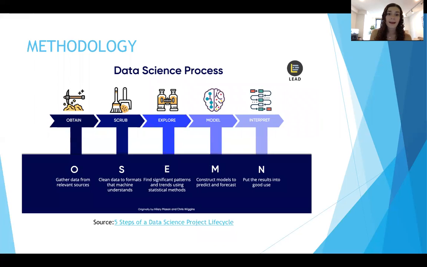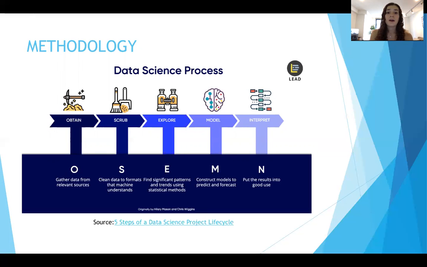Now, before I dive into the results, I first wanted to give a quick overview of the process that I used to make sure that all of my results were as accurate as possible. I use a pretty common data science process, which you can see summarized here. I first had to gather and obtain all of my data and any necessary materials. I then had to scrub or clean my data to make sure that everything was in a format that my model could understand and identified appropriately.